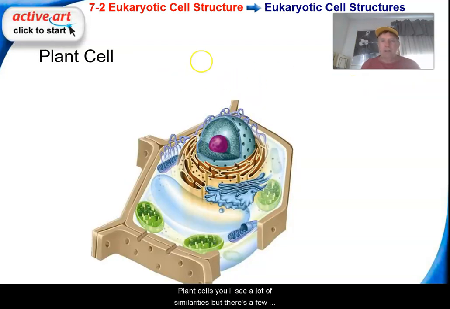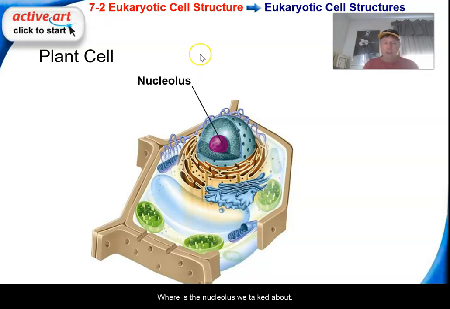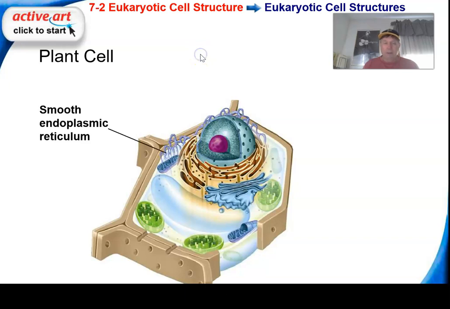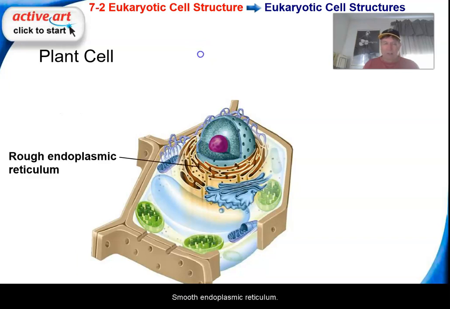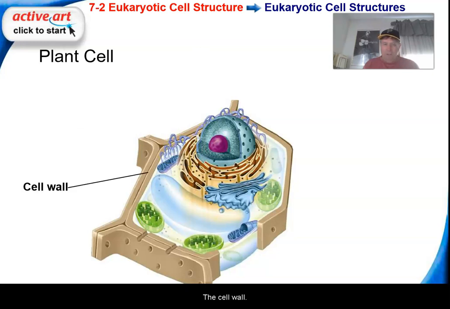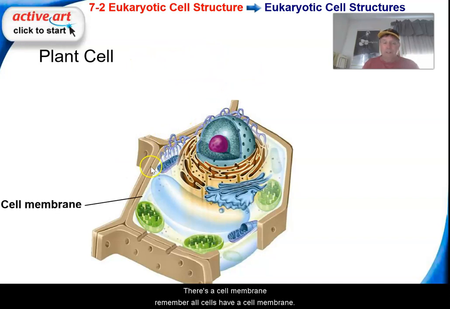Plant cells, you'll see a lot of similarities, but there are a few differences between a plant and animal cell. Of course, there's the nucleolus we talked about, the nucleus, the smooth endoplasmic reticulum, the rough endoplasmic reticulum, the cell wall. Oh, plants have a cell wall, but animals don't. So there's one difference. There's a cell membrane.